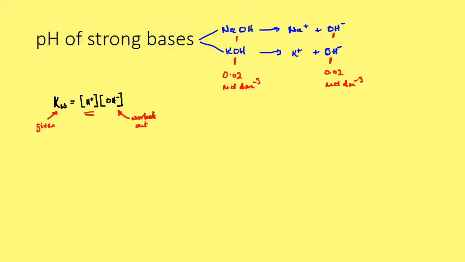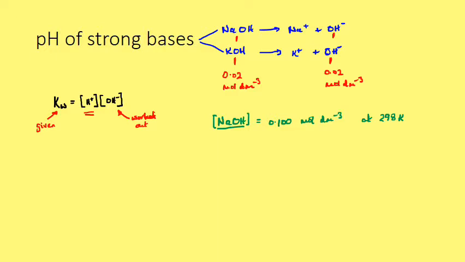Let's say we have some sodium hydroxide, and we're given the concentration. Let's write that in square brackets, the concentration of the sodium hydroxide, as 0.1 mol per decimeter cubed at a certain temperature, let's call that 298 Kelvin.